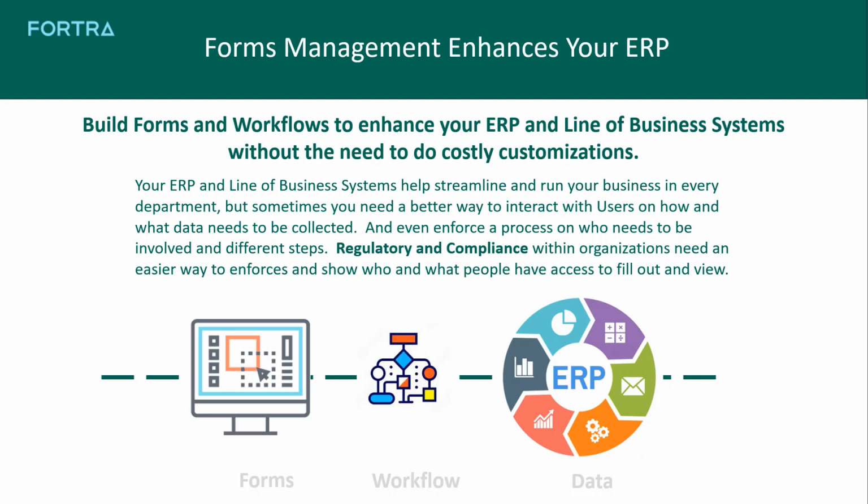But in some cases, your ERP and processes are sometimes hard to change to the exact need of the business process, and sometimes impossible to add and enforce workflow capabilities around how the data is collected within the process. Being nimbler is important to organizations' growth, but the need for compliance and regulatory purposes is there as well.